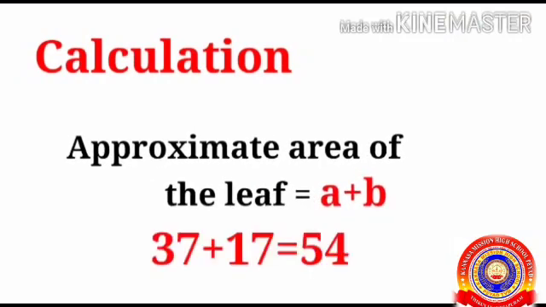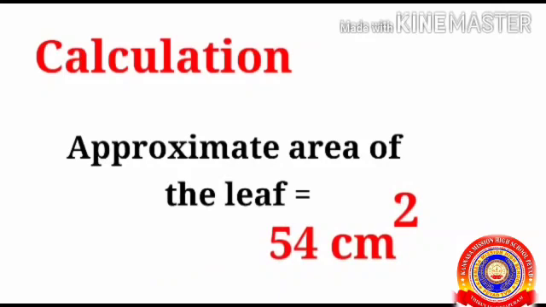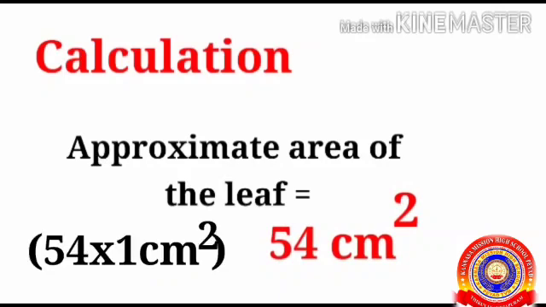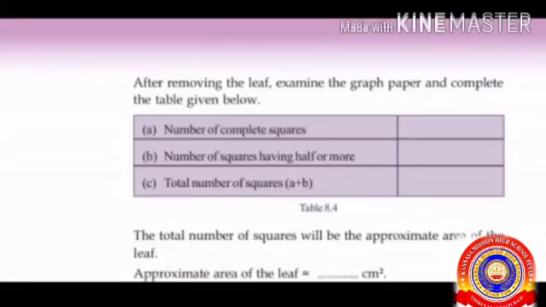Then the approximate area of the leaf equals A plus B, which is 54. There are 54 boxes in the graph paper and the area is 54 square centimeter. It is in your textbook. Read this portion carefully and try to find out the area of a leaf based on this procedure.